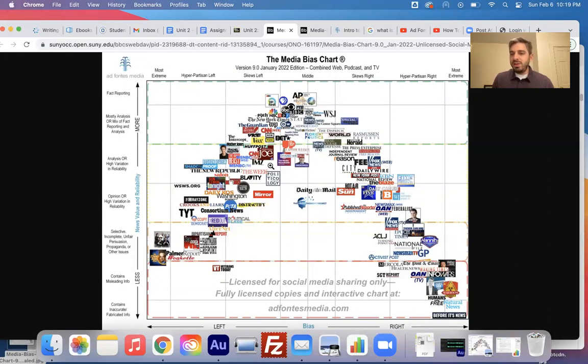And it's kind of telling us also what to stay away from. OAN, InfoWars, we want to steer clear of some of those sites, okay? So take a look at this media bias chart and feel free to email me, tell me what you think about it, and hopefully this is a resource that will help you.